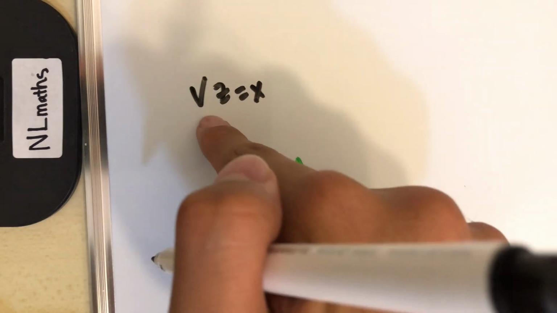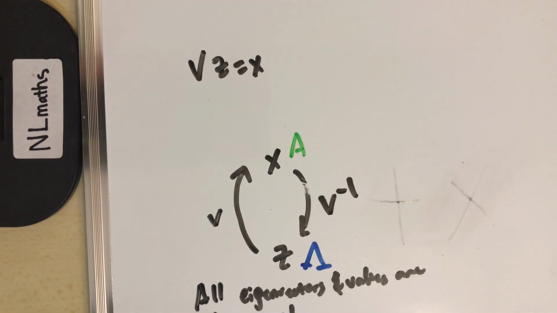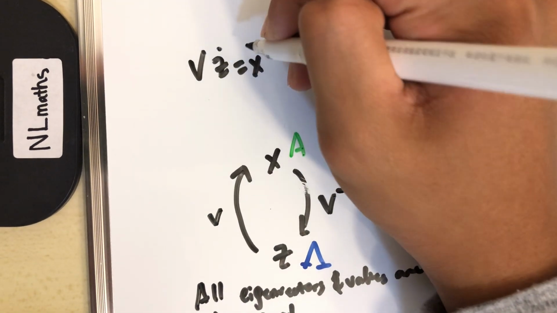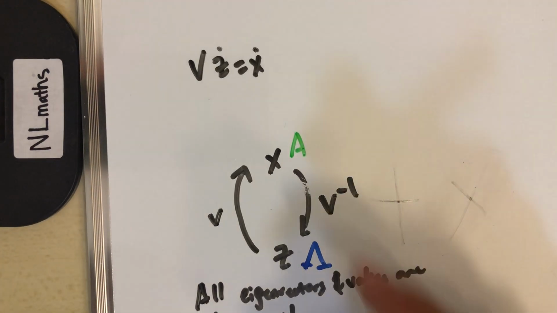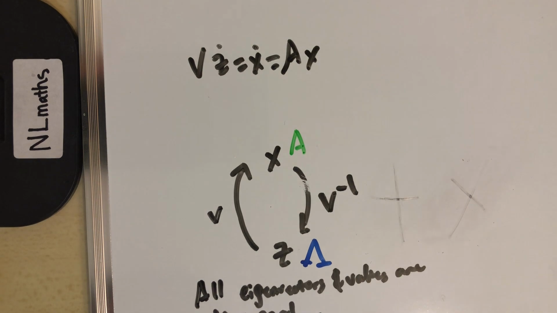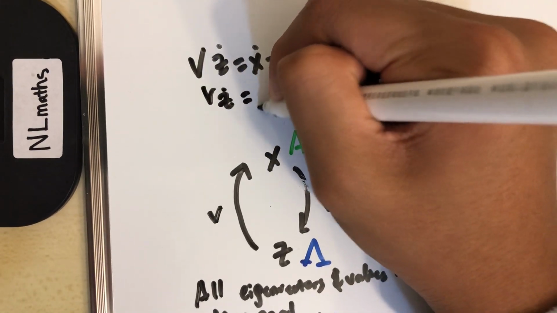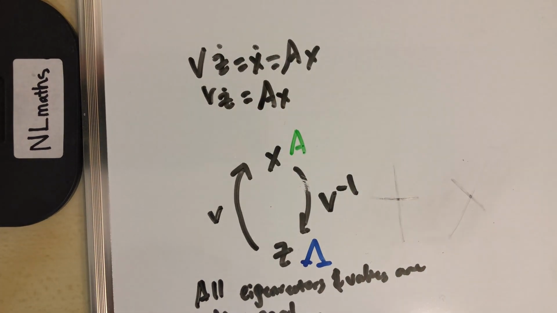So we have Z and we apply this V transformation. Then we go to X, because with matrix transformations, you go from right to left. So if you take the derivative of both of them, that should be equal. And remember, X dot equals AX. So therefore, V Z dot is equal to AX. Okay, that makes sense so far.